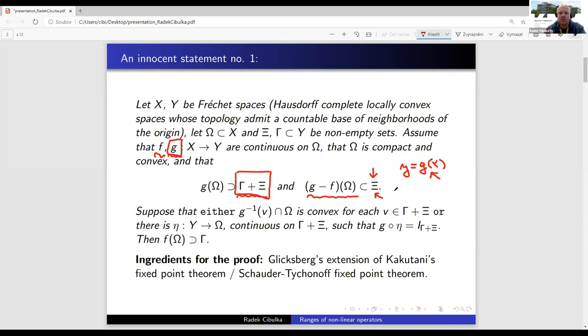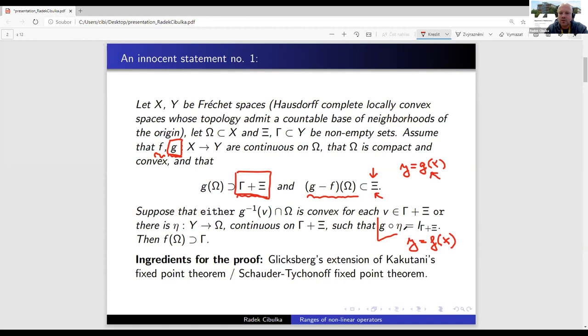So in applications, G should be easy, should be simple, and the corresponding equation should be easy to solve. And I want to deduce from this something on solvability of the second equation, corresponding to the second mapping F. And if you have this assumption, then if either your preimages are convex or the inverse of G has a continuous selection.